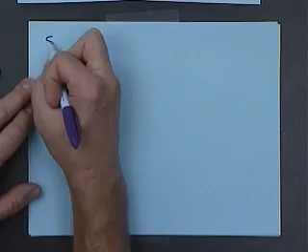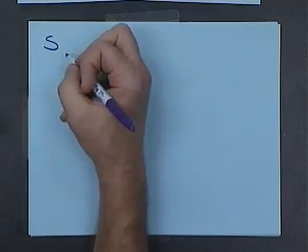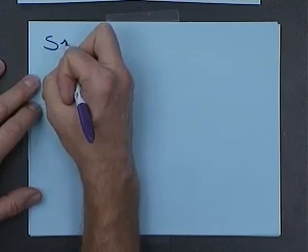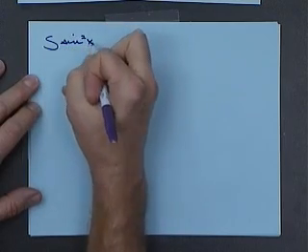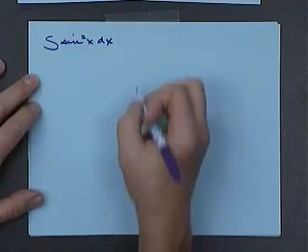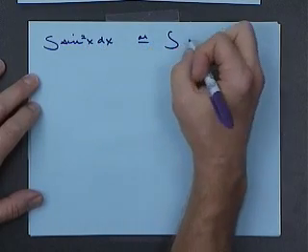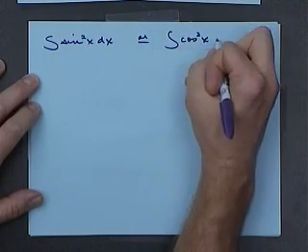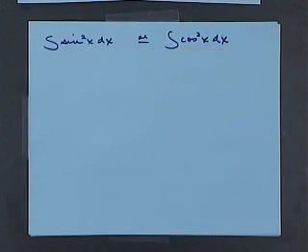So let's start with probably the simplest case. Suppose we have a sine squared or a cosine squared. It's not going to help us to take one of those and set it aside, right?